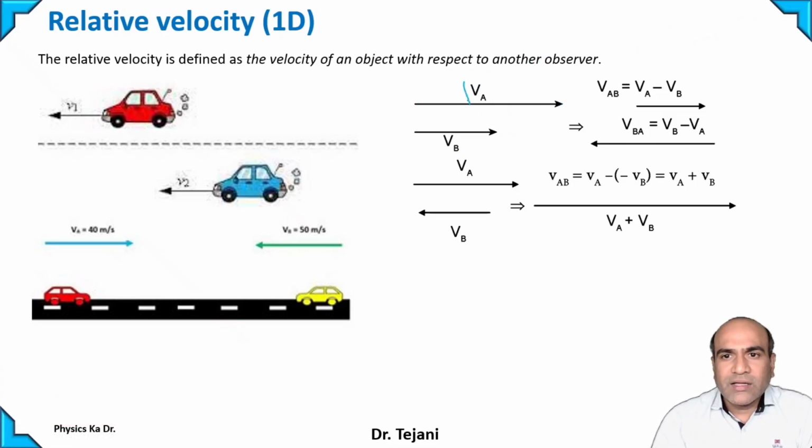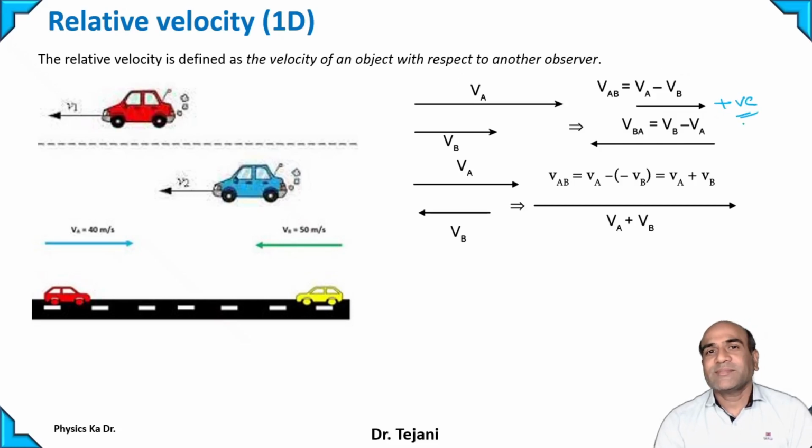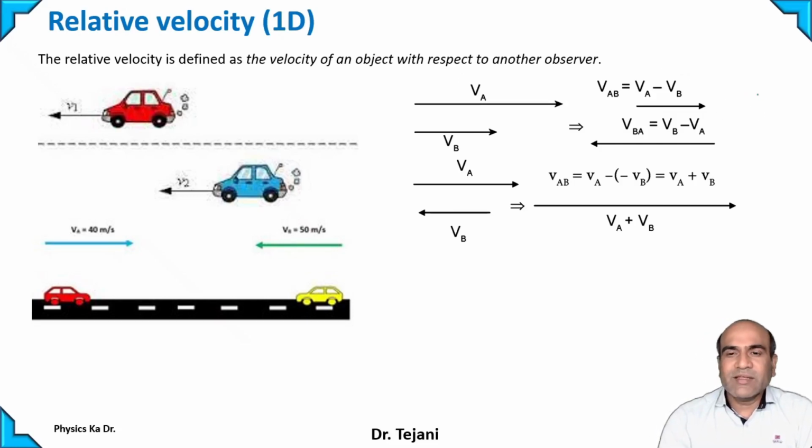If car VA is moving in the forward direction with higher velocity, that means the relative velocity with respect to B is always a positive number. And therefore the relative velocity is always going toward this positive direction. Similarly here, car B has lesser velocity and VA has higher velocity.